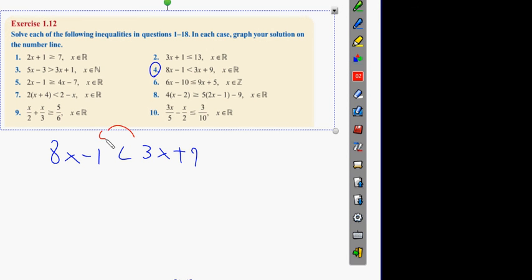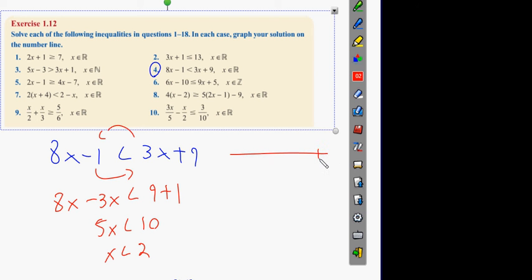The 3x goes to your side, the 1 goes here. So we're going to have 8x minus 3x is less than or equal to 9 plus 1. 5x is less than or equal to 10, x is less than or equal to 2. 10 divided by 5.